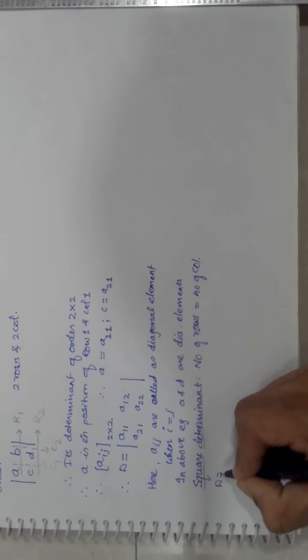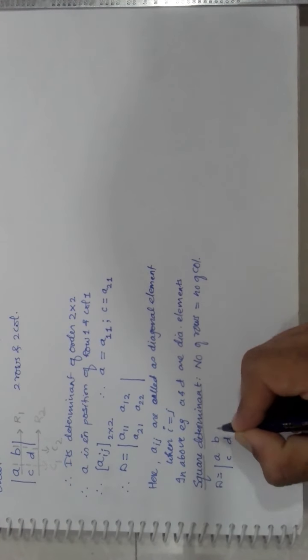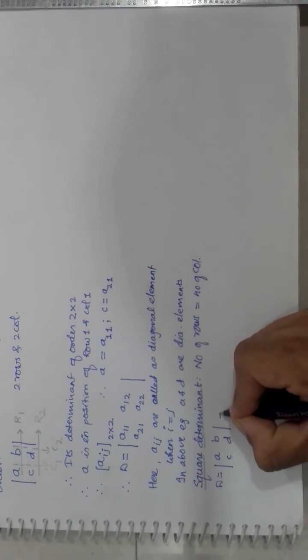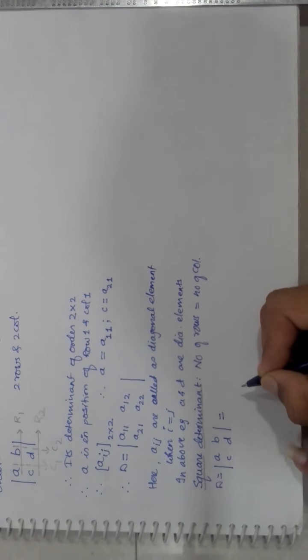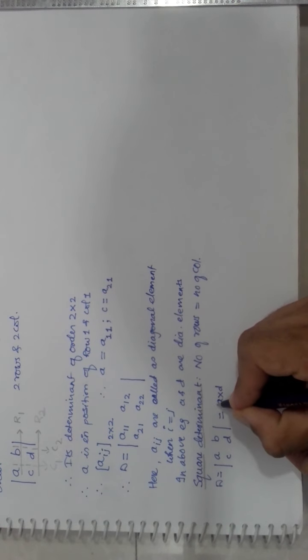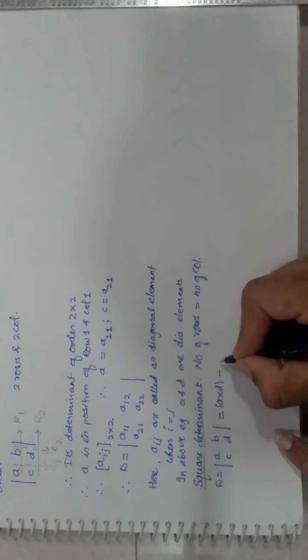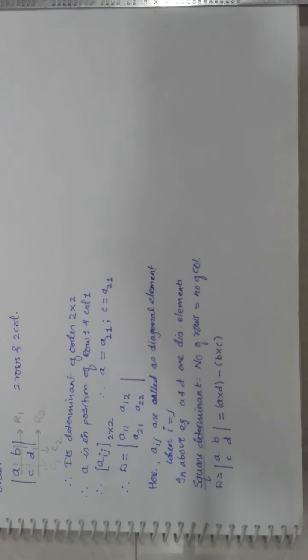That is a determinant given as A, B, C and D. Then the value of the determinant is the product of diagonal elements, that is A into D, subtracted by the product of non-diagonal elements, that is B into C. In simple language, start from the diagonal elements AD and multiply them, then multiply BC, with a minus sign between them.